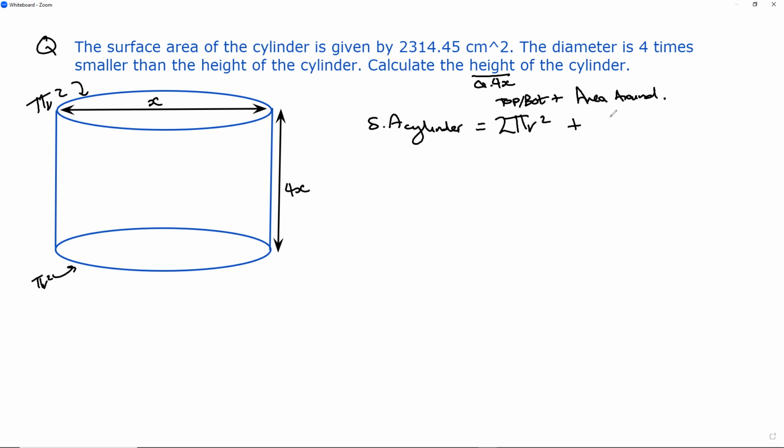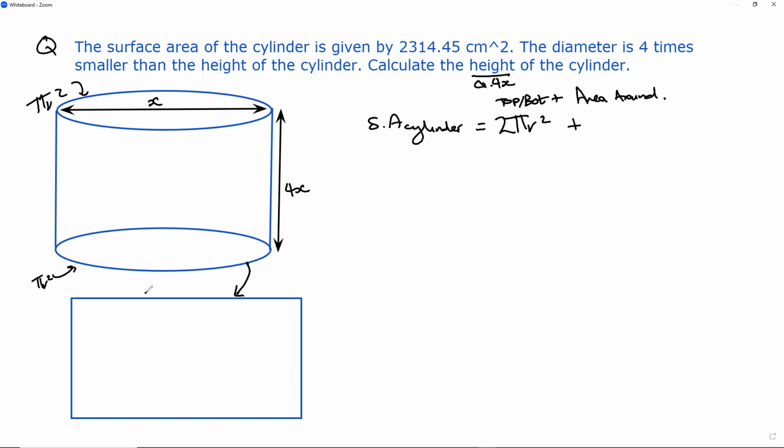The area around the whole shape we can unravel into a rectangle. And what we notice is that the circumference is the length. So we know that this length is going to be pi multiplied by diameter. And we can see that the height is still 4x. Pi multiplied by diameter is going to be my length, which is my circumference.